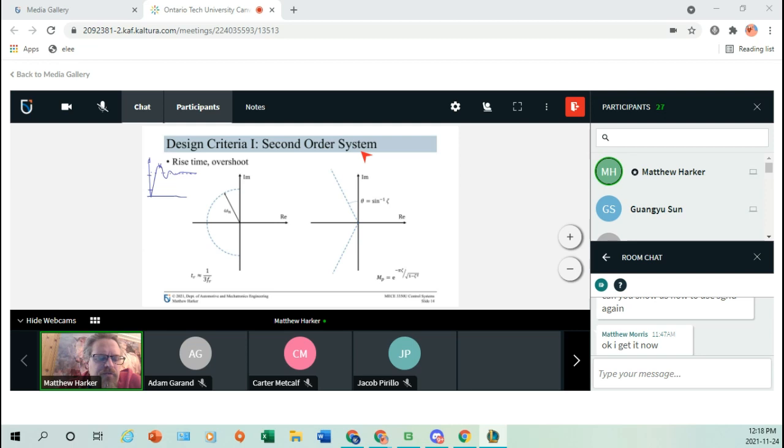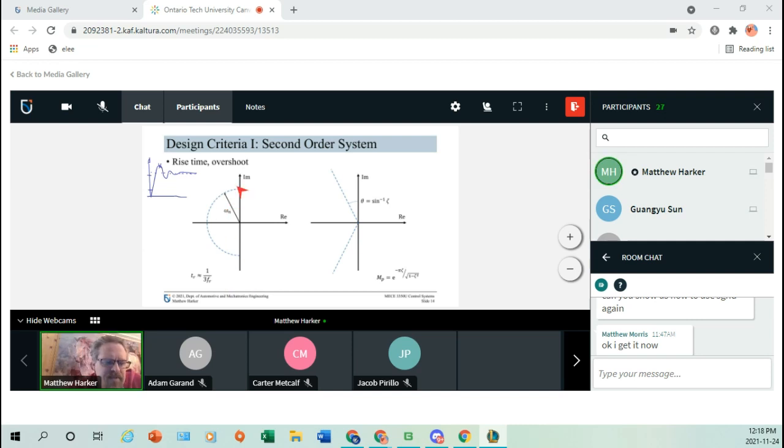So they're really rough design criteria if you don't have a second order system. Right, so our rise time, our special formula there, was essentially 1 over 3 times the natural or resonant frequency, which is related to the omega n through division by 2 pi. Right, we saw that.